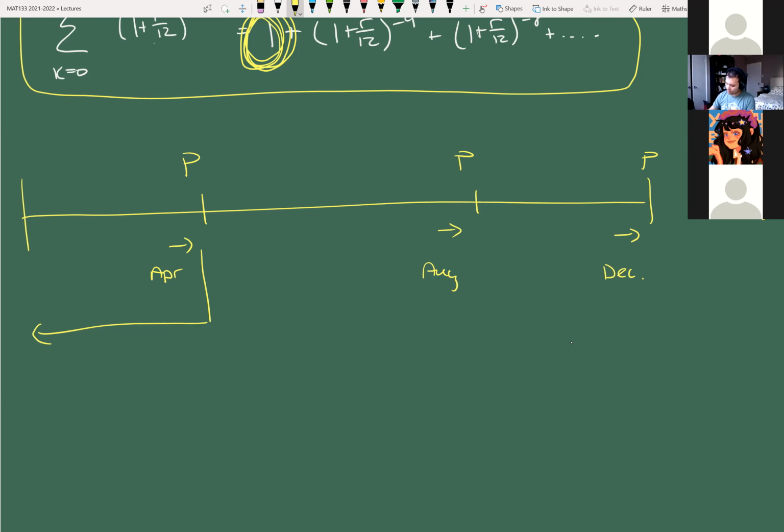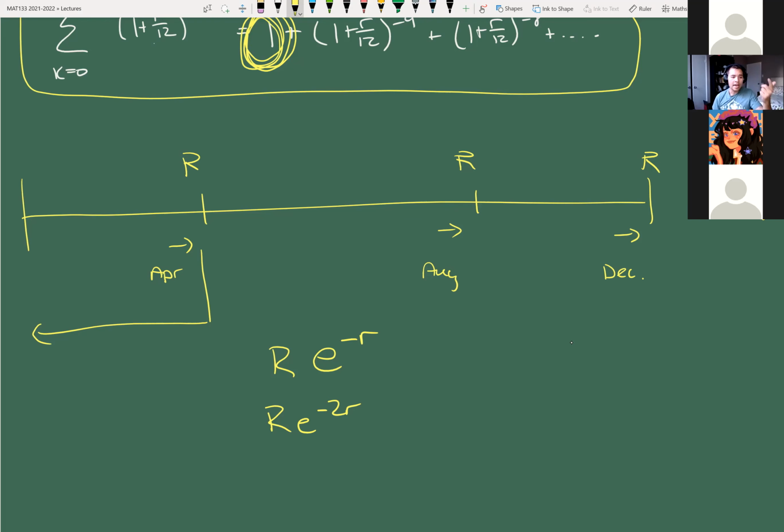Everyone remember, e to the negative r here, this is a point that's worth making because I think there's a little bit of confusion about it. P e to the negative r brings it back an entire year, and then P e to the negative 2r would bring it back 2 years. So the number in front of the r is telling you how many years have passed. Does that make sense?